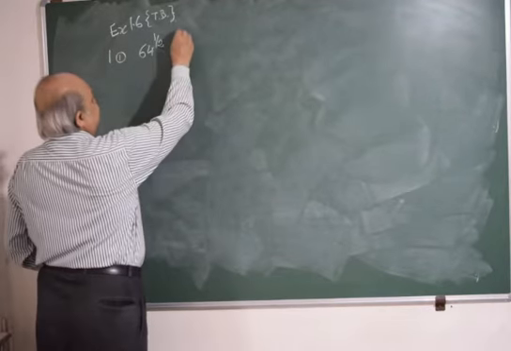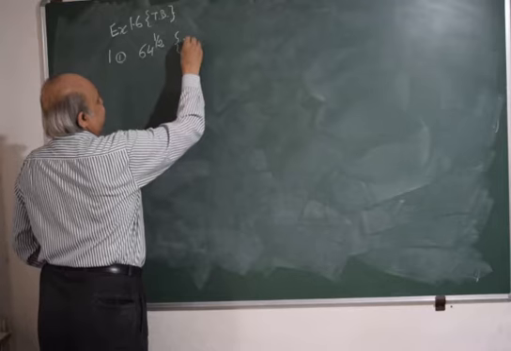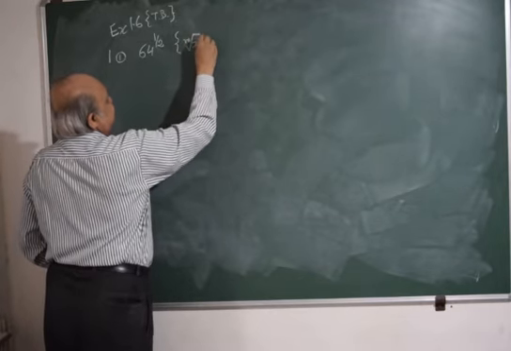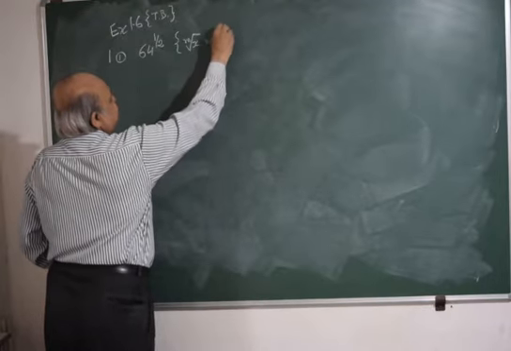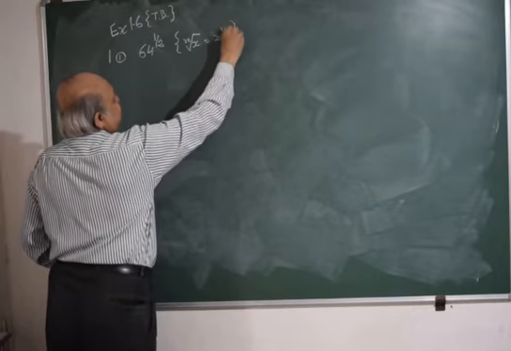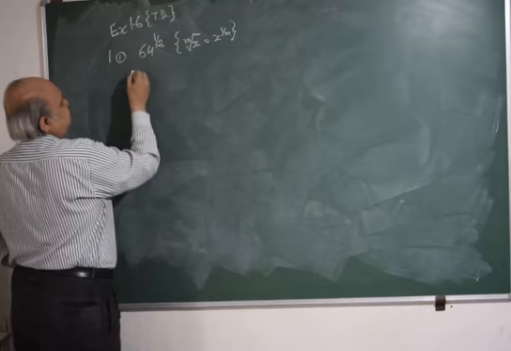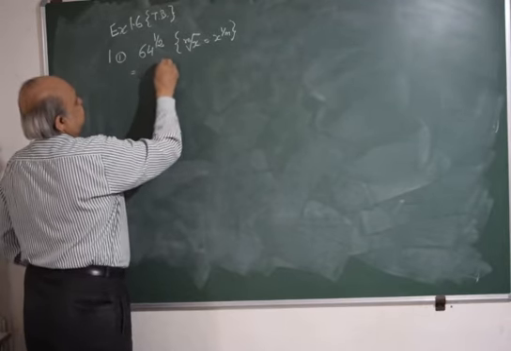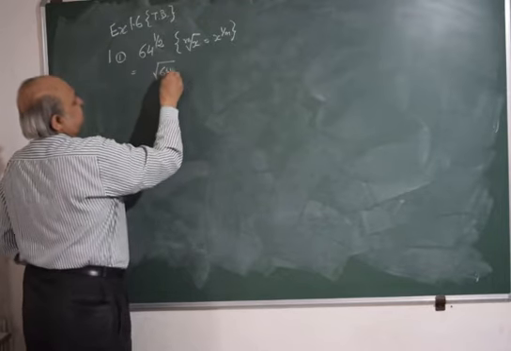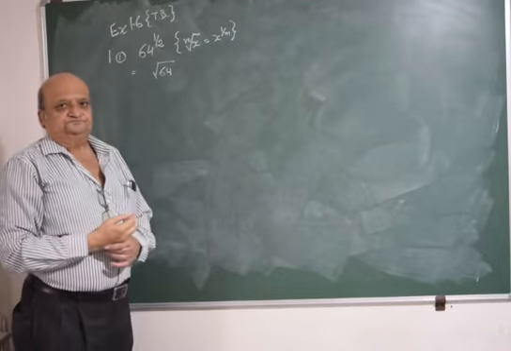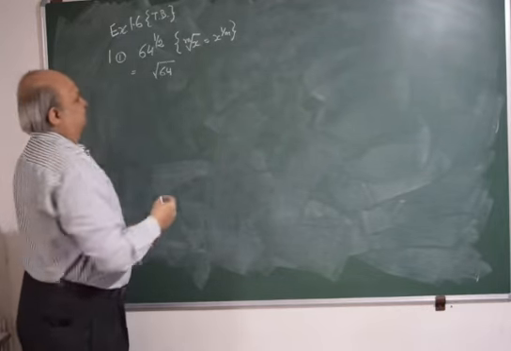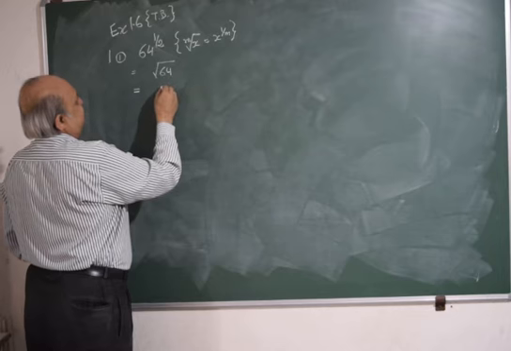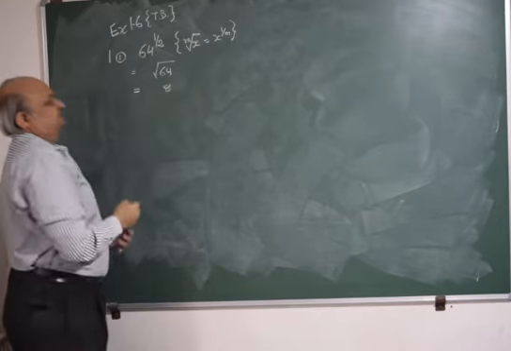Now, I told you that nth root of x is written as x raised to 1 upon n. We use the same law here and we say that it is square root of 64. And we all know that it is 8.